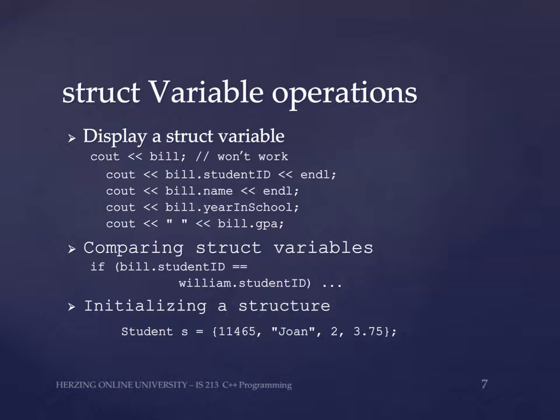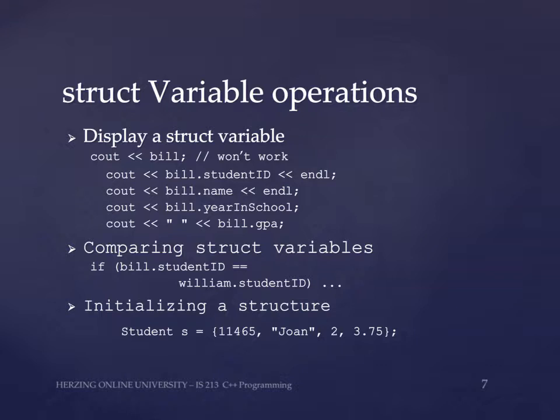In order to fix that, you have to use the dot operator by saying you want the student name, the years in school, or the GPA, and notice how everything has to end with a semicolon. So that's how you display a struct variable.